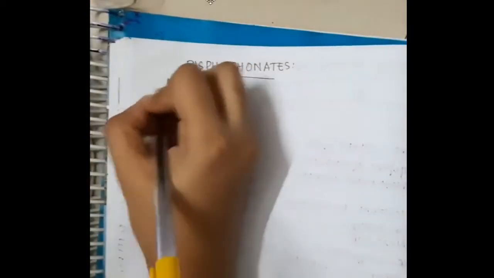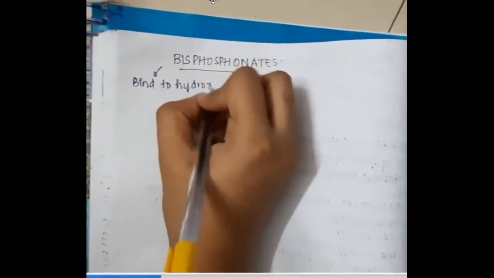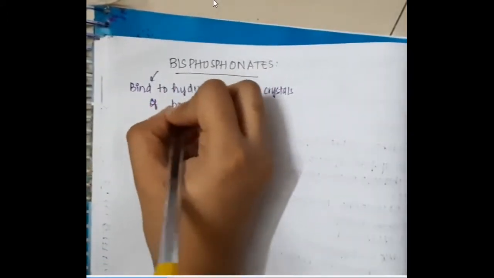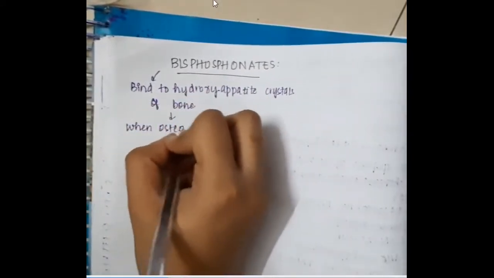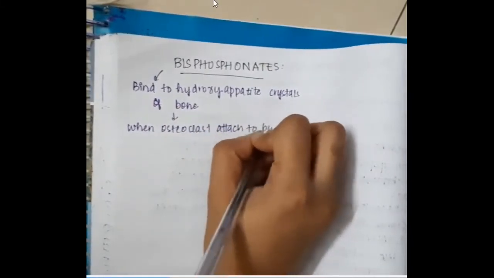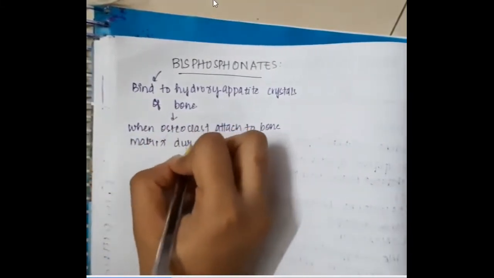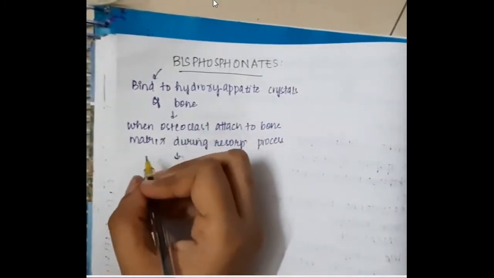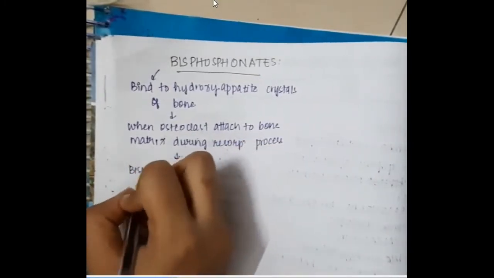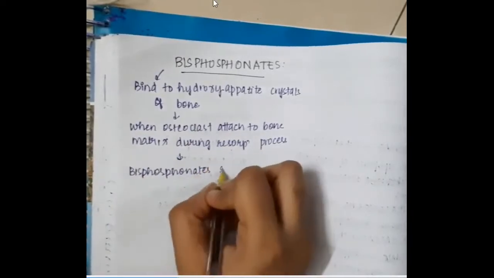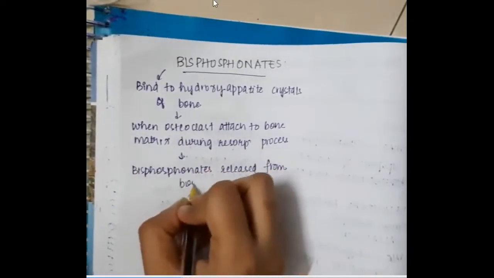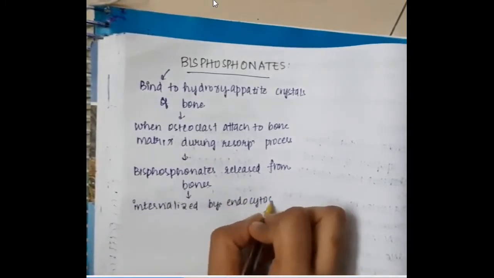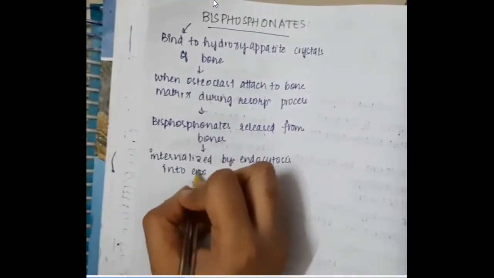These bisphosphonates will bind to the hydroxyapatite crystals of the bone when the osteoclasts attach to the bone matrix during the resorption process. During that time, the bisphosphonates bind to the hydroxyapatite crystals. So bisphosphonates are released from the bones and are internalized by endocytosis into the osteoclasts.